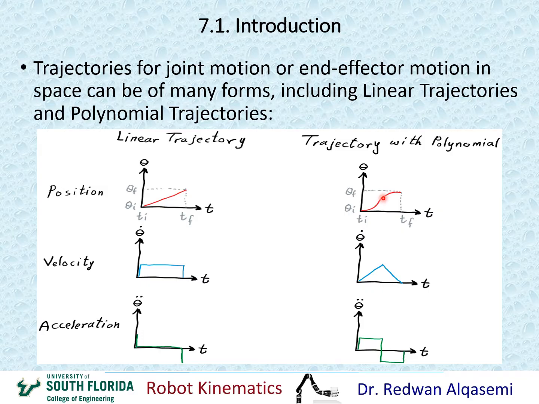And then we start slowing down into our final position. That gives me that look profile for the position. And if you look at this, the slope of this curve is changing with time. Initially it's going at a steady slope change here, and that would be a constant slope for the velocity profile. And then at this particular point, we switch from increasing velocity to decreasing velocity.